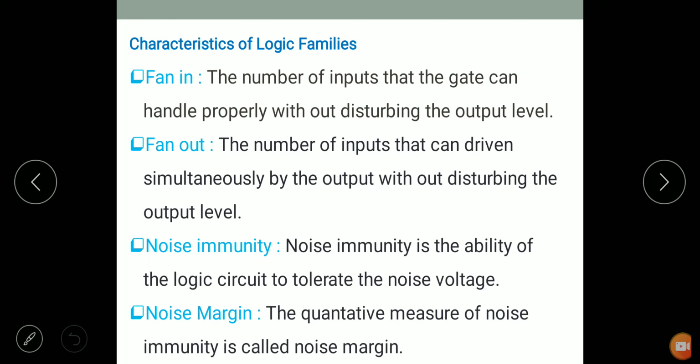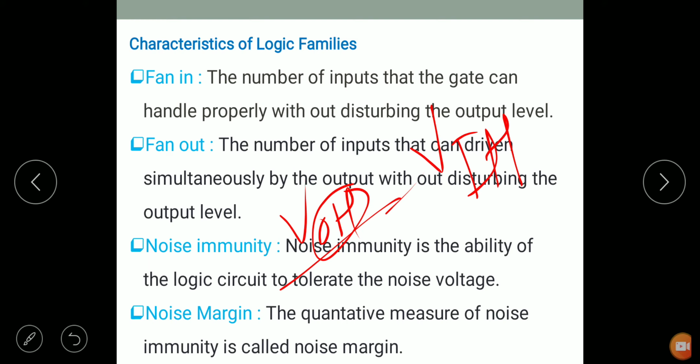It is called high level because the second word is high.